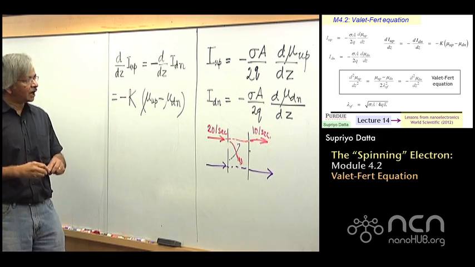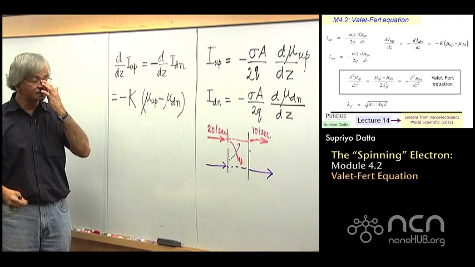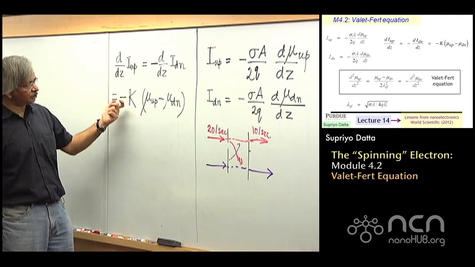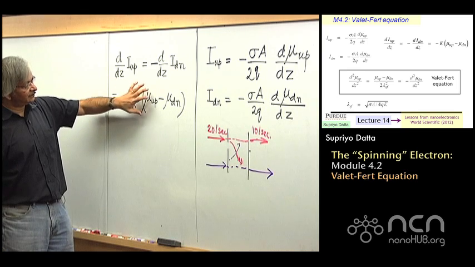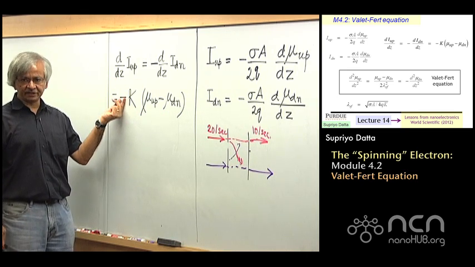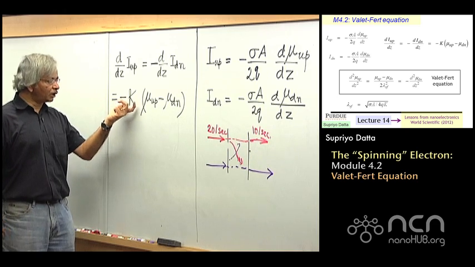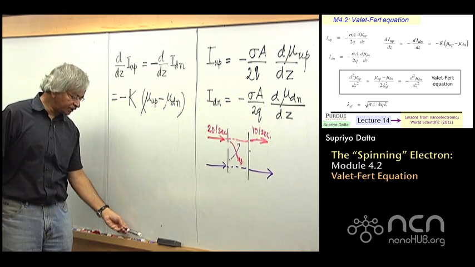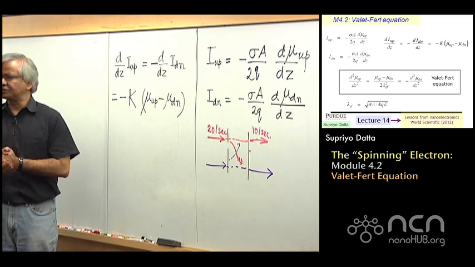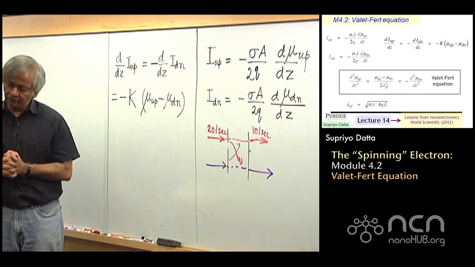That tells you just how easily spin flip processes convert ups into downs. The main thing I'm using a physical argument for is to say that this quantity is proportional to the difference and that there should be a negative sign there. Now, if you actually want to get this constant, how it depends on spin flip time, that requires a little extra discussion that we won't be going into right now.